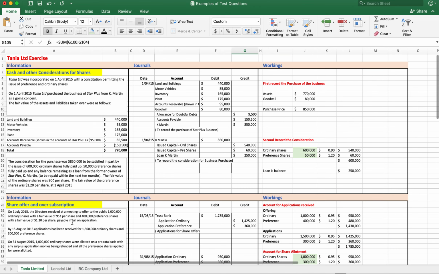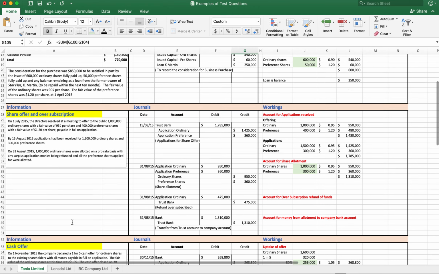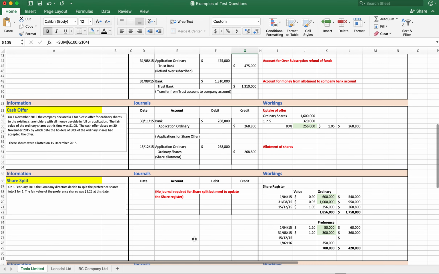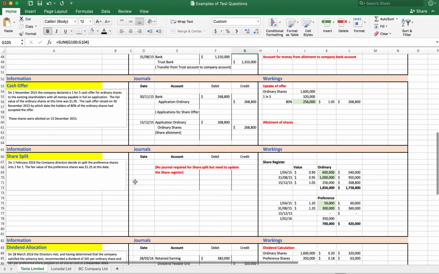So back in Tanya Limited, we did an exercise on share splits, so you've got an understanding of what effect that has. Okay, so you can see that pretty much no real effect. There's no real change in the set of accounts.